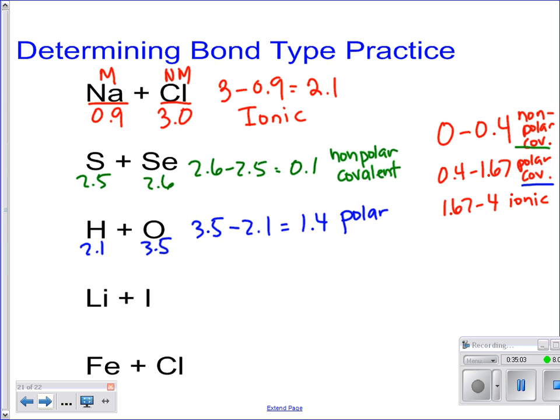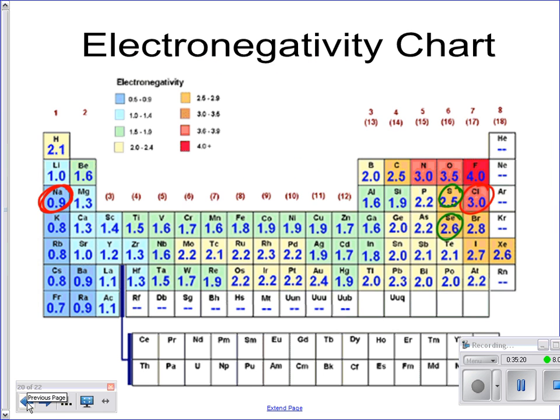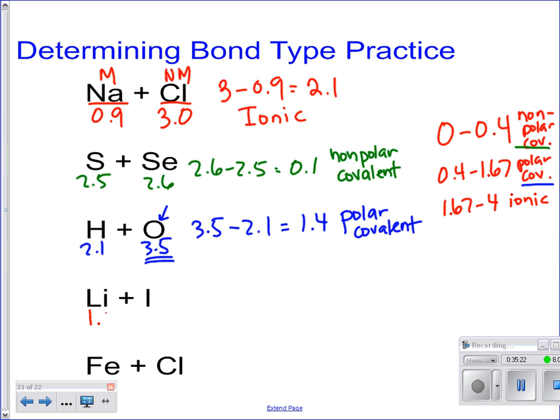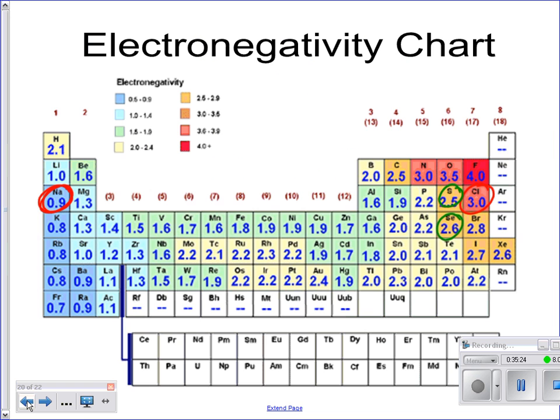This means that they do not share the electrons equally. Oxygen is more electronegative, so the electrons are going to spend more time hanging around oxygen. Lithium and iodine. Lithium is 1.0, and iodine is 2.7.